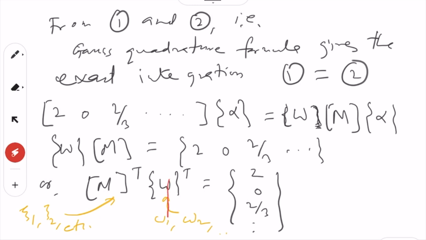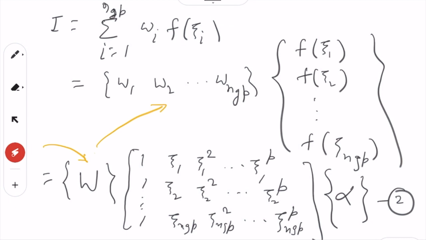So you have W1, W2. Here we have transpose of M, where M is like this one. So we have 1, xi 1 square, and so on. We have p value equal to 1, so we will have 1, xi 1, right? And then the number of Gauss points is only 1, so we have just this value, right?